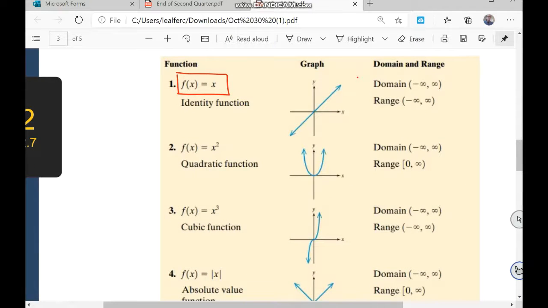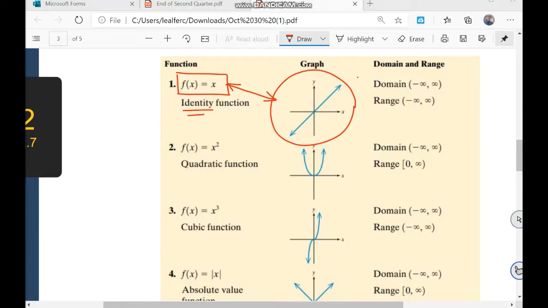The first basic function, an easy one to identify, is the identity function. This is the graph of the identity function and its equation. Why is it called identity function? If you have x equals 1, then y is going to be 1.